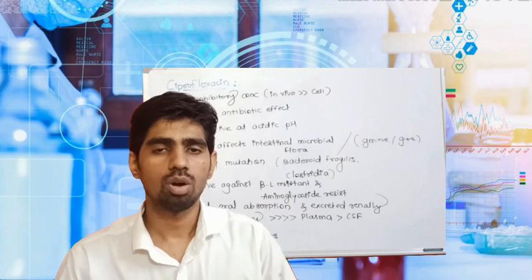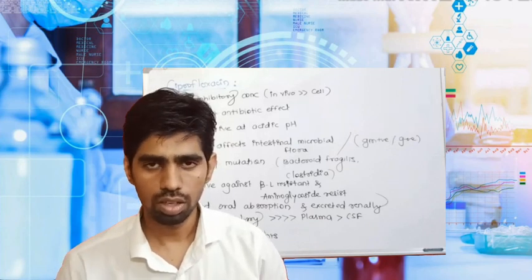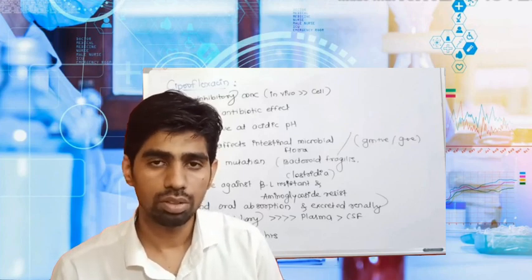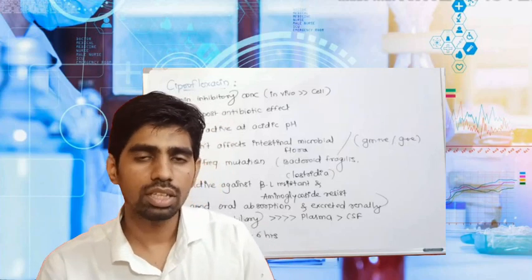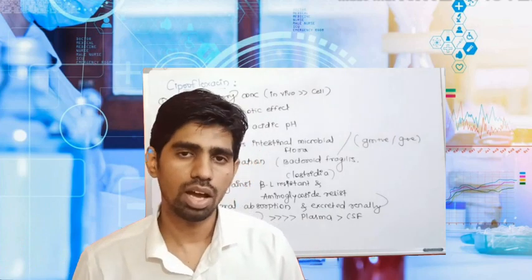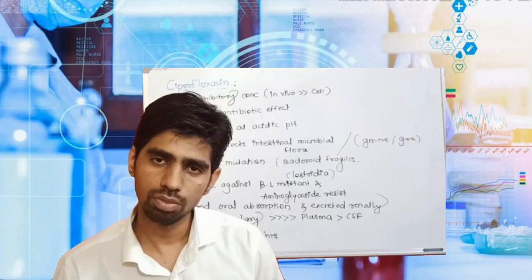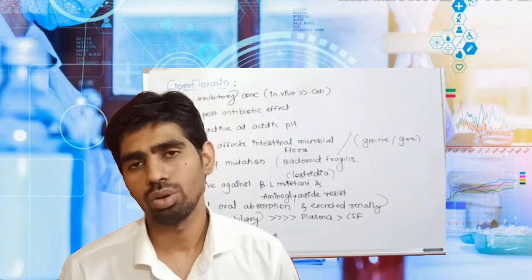Dexterity means you are not able to perform those activities in which you are skillful. All these are associated with the antagonism of GABA. So these are the CNS adverse effects of ciprofloxacin, also shown by other fluoroquinolones.